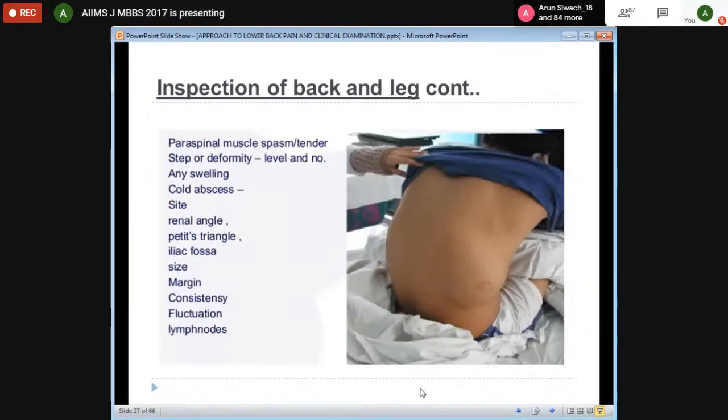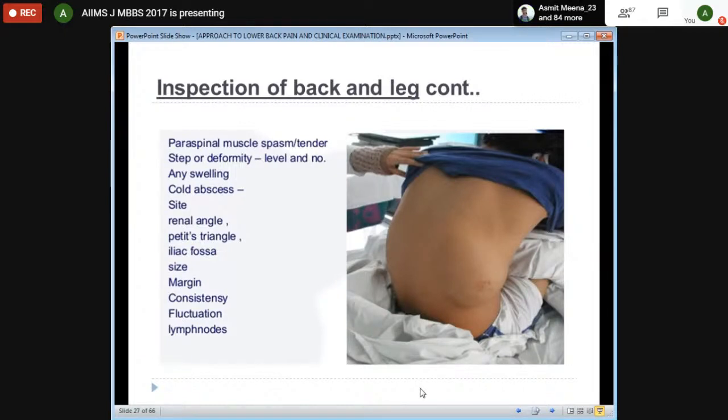Again, examining the back, we are still in inspection. Inspection is quite detailed. It's not like you just see the patient and go for the clinical examination. Again, you have to inspect the paraspinal muscles. Is there any step or deformity, because that might indicate spondylolisthesis? Any swelling, such as a cold abscess, which is seen in tuberculosis, can also guide you.